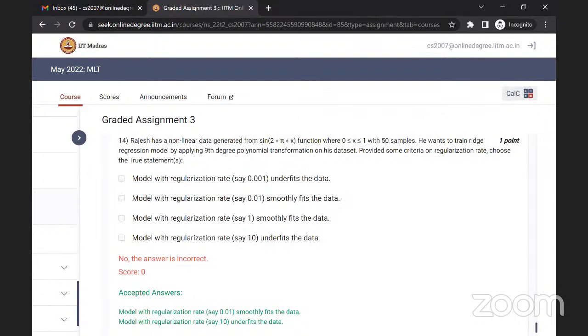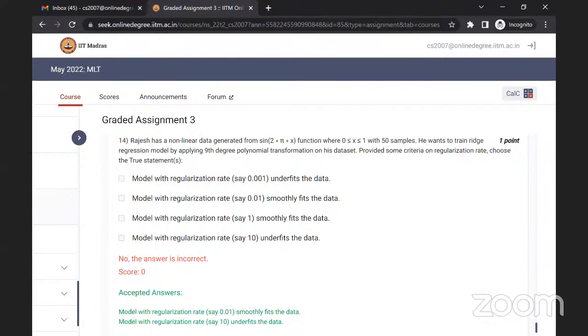Okay. Imagine a function which represents this equation, which should be of the form x squared plus bx plus c. And again, go with the intuition. As the regularization rate increases, if it is too large, then your model starts to underfit, right?